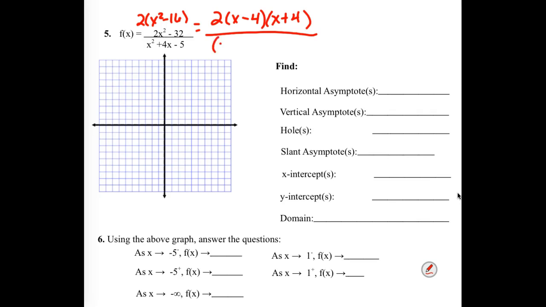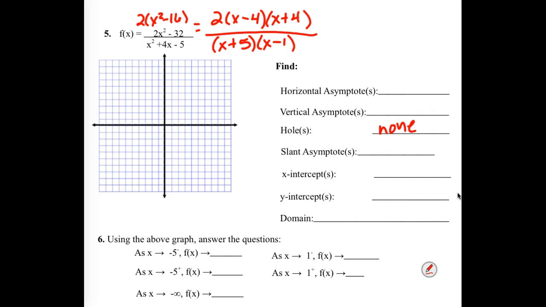Plus 5, minus 1? Okay. Any factors that drop out? So that tells me what over here, what blank can I fill in? No holes. Okay? Because those factors didn't drop out, we have two what? Vertical asymptotes. Good. Two vertical asymptotes.